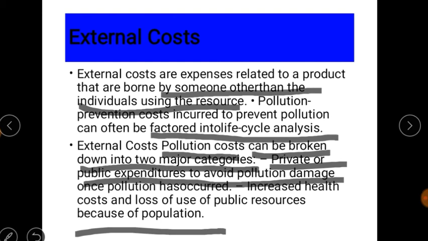If the product quality does not have a proper life cycle, then people will not purchase that product. So if the cost of the product is increased, people will not be able to afford it, so the production of that product will also be reduced. This is external cost. External costs are those costs which are not directly associated with the production of that product.